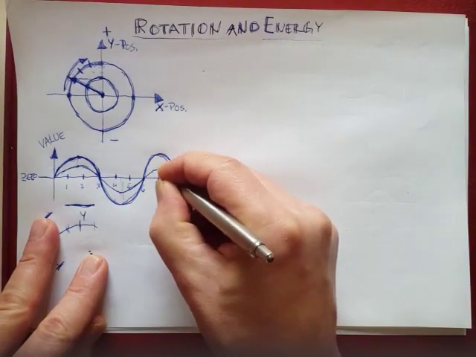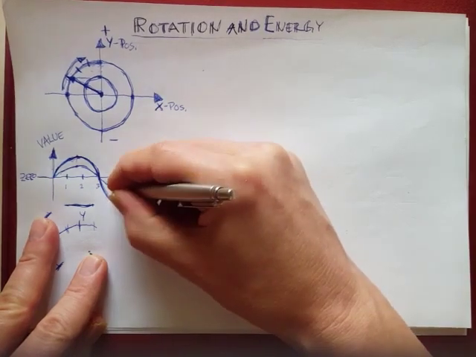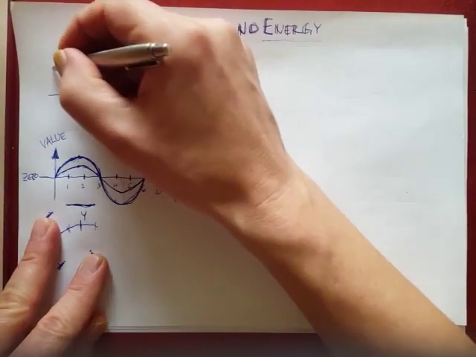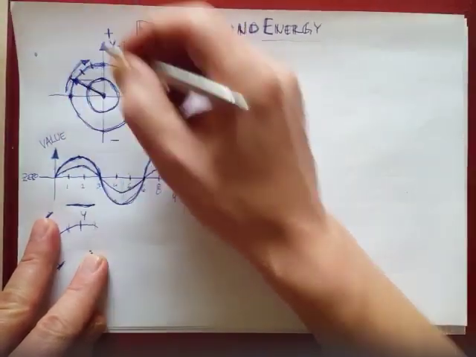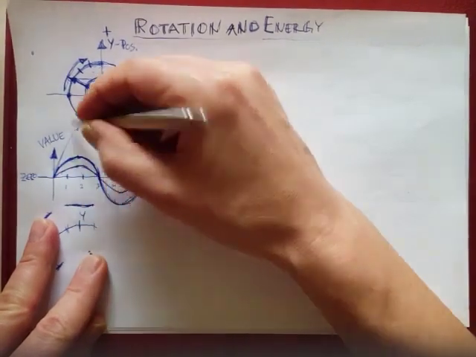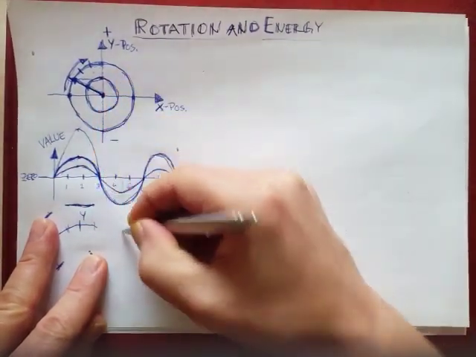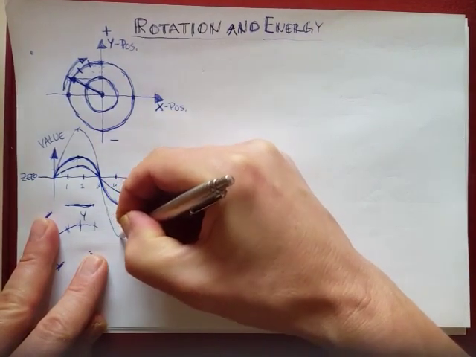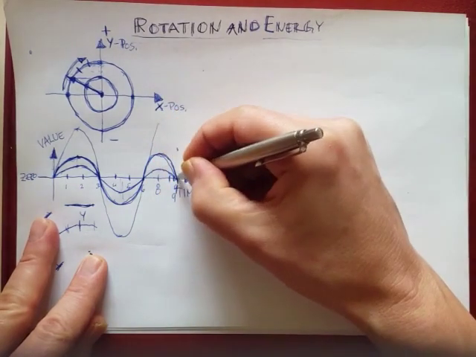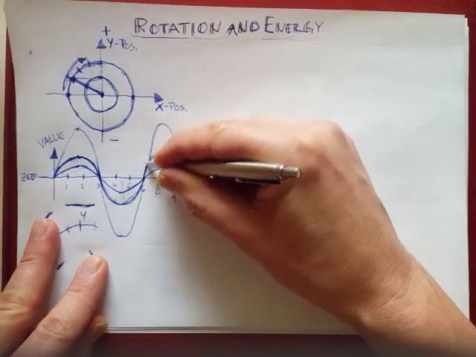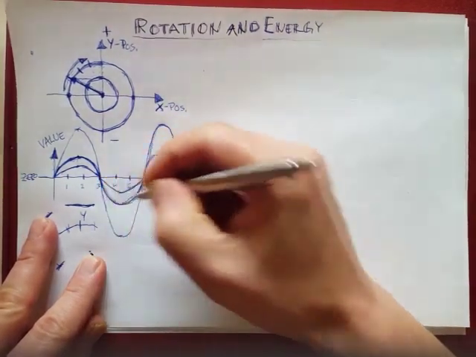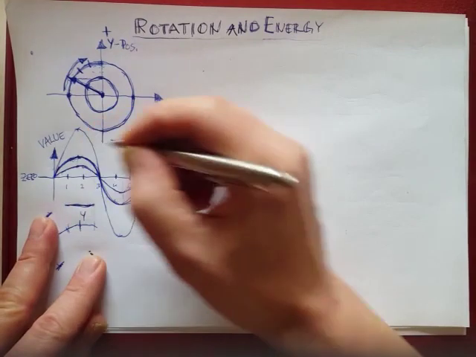The time dependency of the position will be half the size. And if we double up this here, then we will have a wave that is double up like this. Okay, I hope this is understood.